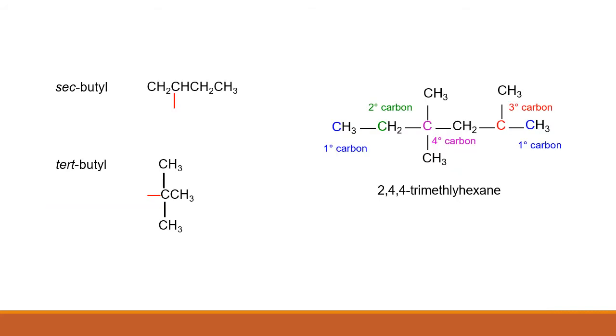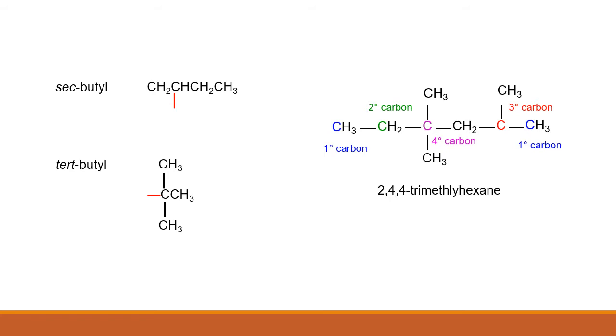What does the sec in sec-butyl and the tert in tert-butyl mean? A carbon atom in a hydrocarbon chain can be designated as primary, secondary, tertiary, and quaternary based on how many other carbons it is attached to. Primary carbons are attached to only one other carbon.